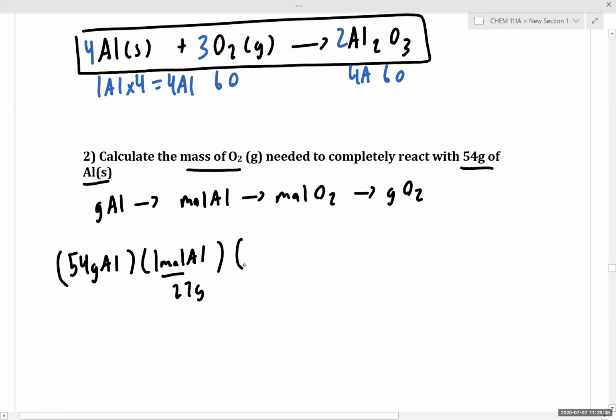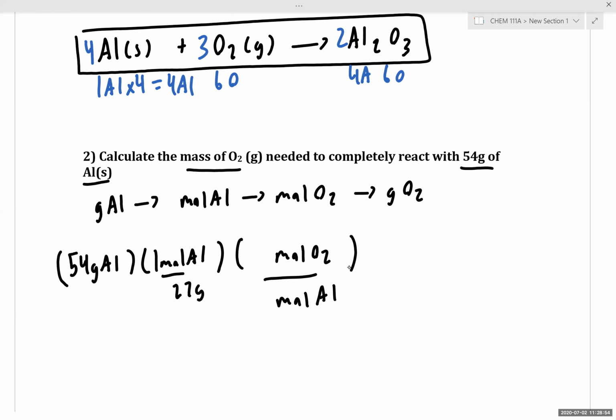We also know that we have how many moles of oxygen per mole of aluminum. What's our mole to mole ratio of oxygen to aluminum?